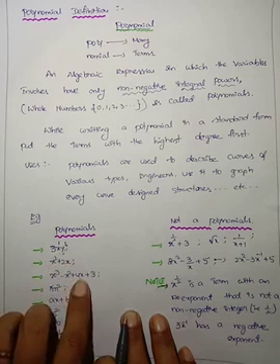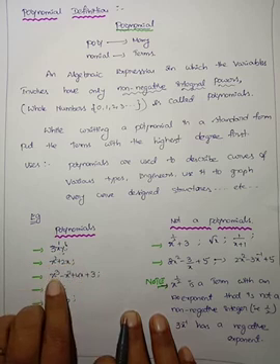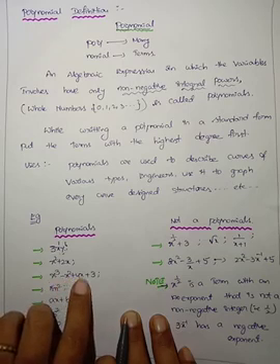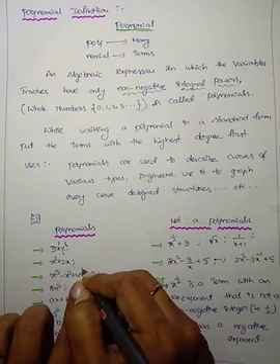x cube minus x square plus 4x plus 3. What is the power of x cube? 3. What is the power of x square? 2. What is the power of x in 4x? 1.